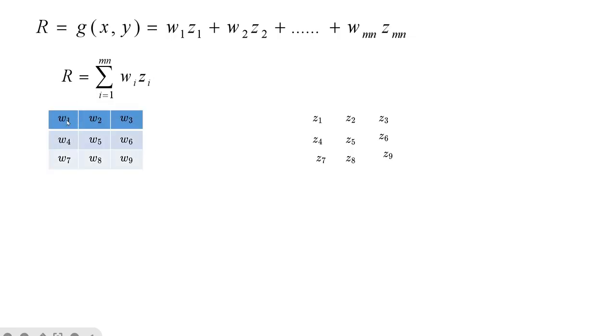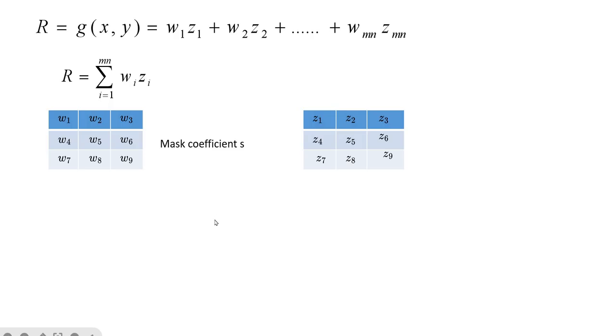Now we will take a mask. Suppose this is a mask of order 3 cross 3, with the mask coefficients, and the corresponding image pixel values on which the operation is performed are shown in this figure. Here we multiply w1 z1 plus w2 z2 plus w3 z3 up to w9 z9.